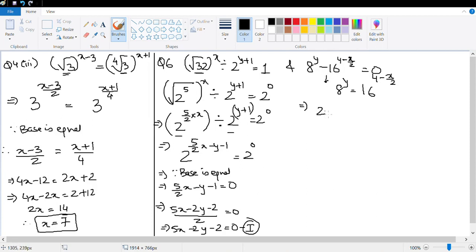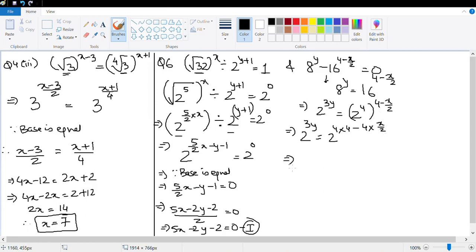So this can be written as 2 to the power 3y because 8 is 2 cubed, and this can be written as 2 to the power 4, everything to the power (4 minus x) by 2. Let's multiply. So that's 2 to the power 3y is equal to 2 to the power 4 into 4 minus 4 into x by 2.